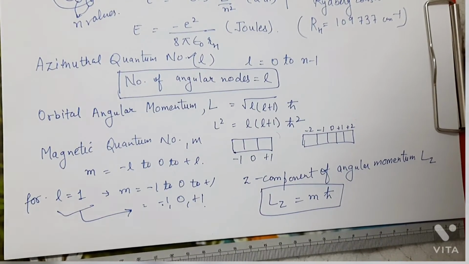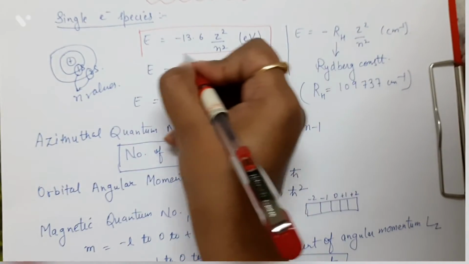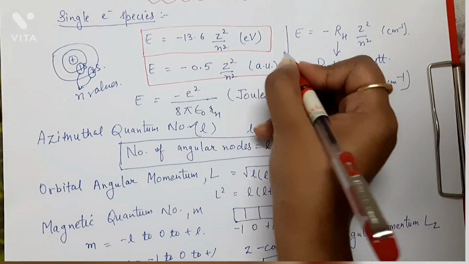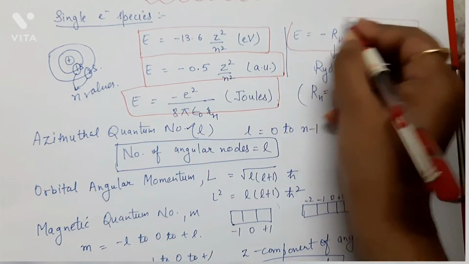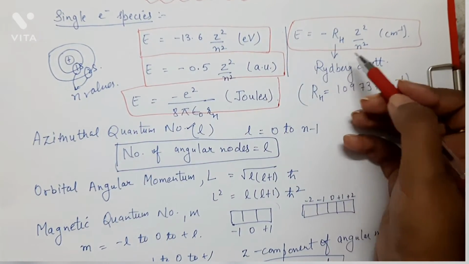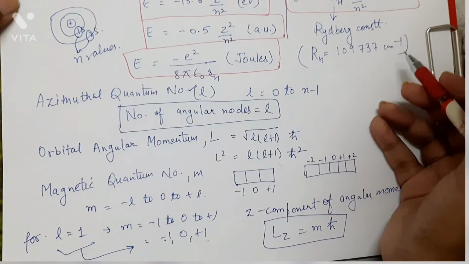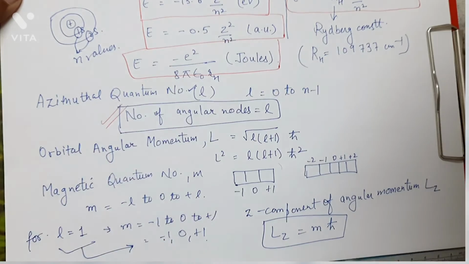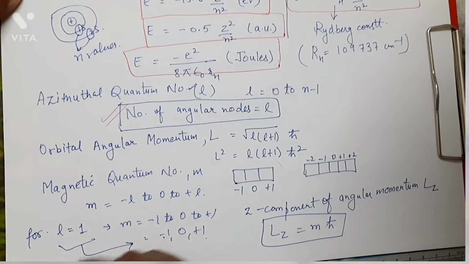So far, what are the important formulas? This one first, this is second, third formula, the fourth formula, where you have to learn the RH value, the Rydberg constant value. Next formula: the number of angular nodes is always equal to L, the azimuthal quantum number.